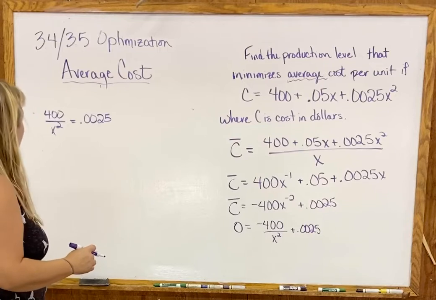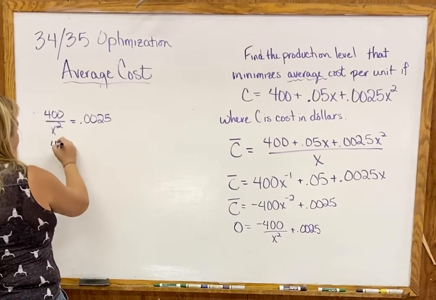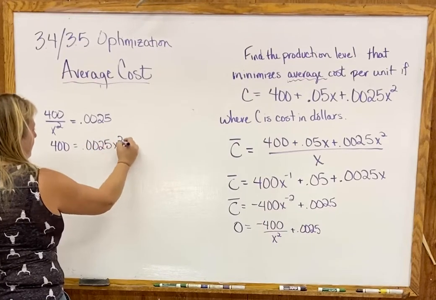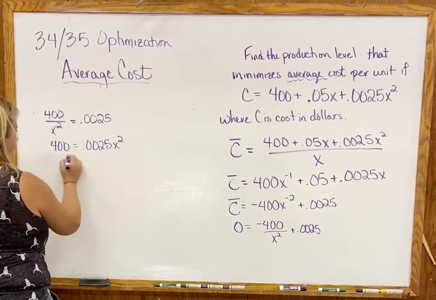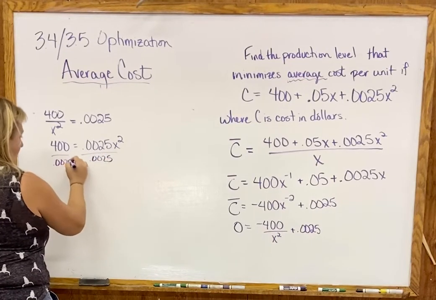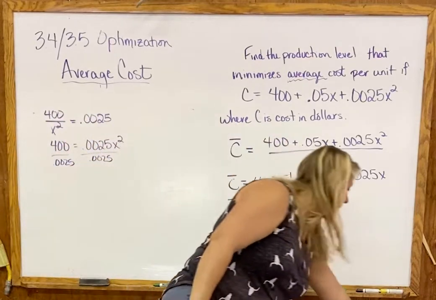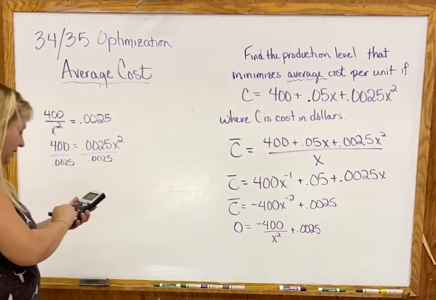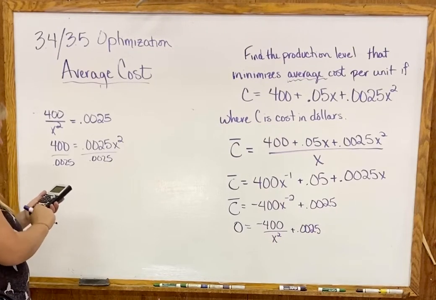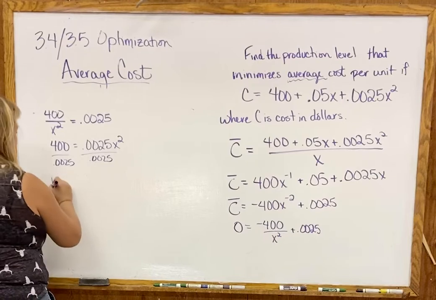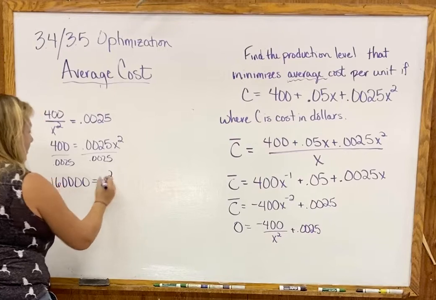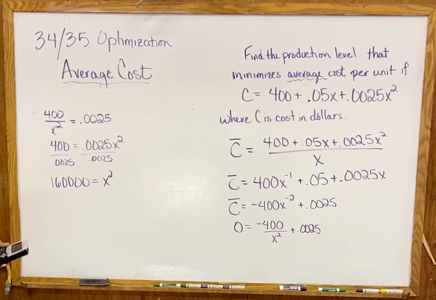Okay. All right, so if we multiply by the x squared, puts us over here, so we just need to divide out the 0.0025. Where's my calculator? Okay. So 400 divided by 0.0025 gives us 160,000 equals x squared.